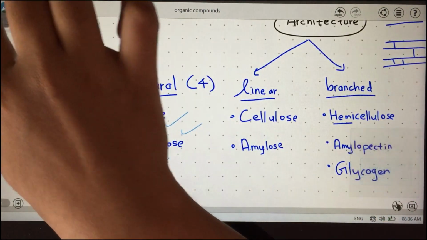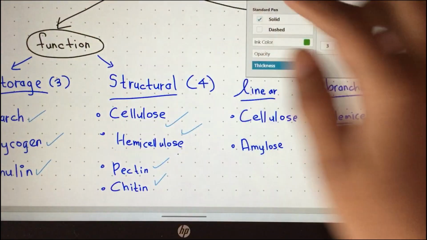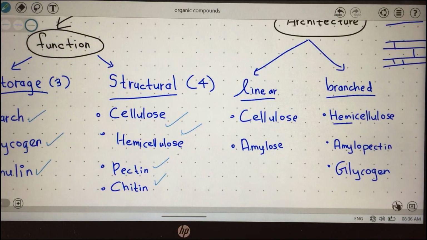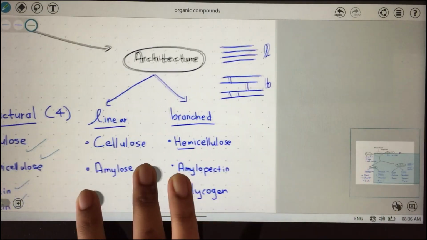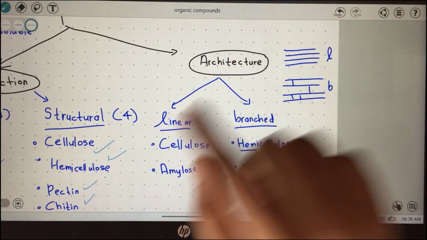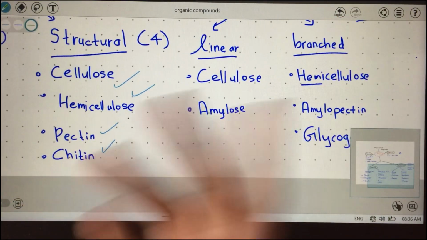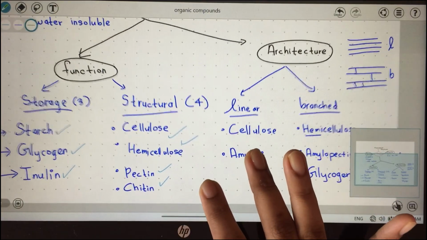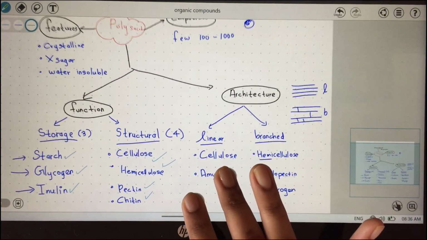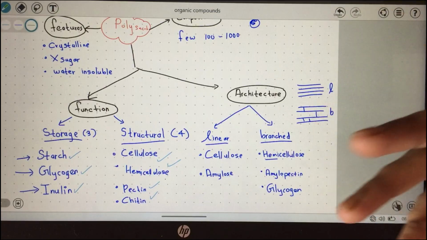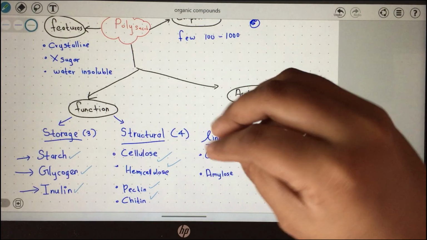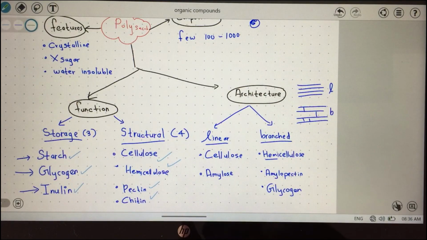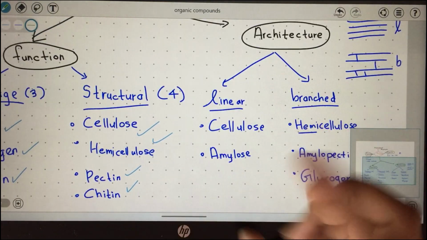There are some examples that are commonly found in both. Based on their function, you categorize them as storage and structural. Then based on their architecture, you categorize them as linear and branched. So there can be overlaps. They are not going to ask you very simple ones. They are going to ask you, give an example of a linear structural polysaccharide. Then you have to see what are the common ones.